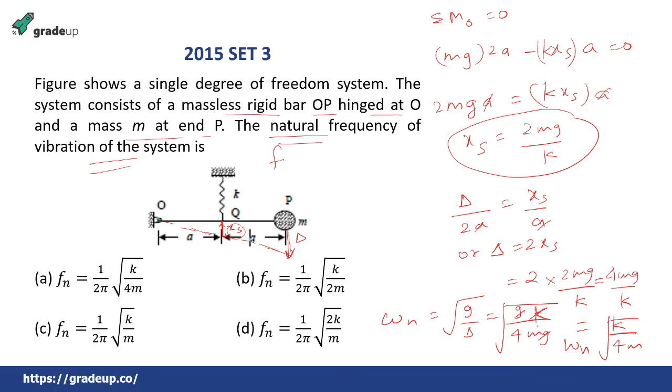So Fn we know is equal to omega n by 2 pi. So this is equal to 1 by 2 pi root of K by 4m. So the answer is option number A, that is frequency in hertz is equal to 1 by 2 pi root K by 4m.